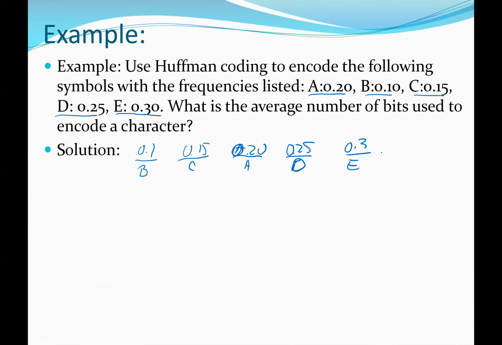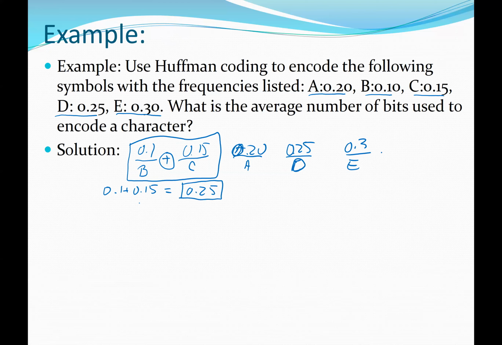All right, so now we're going to go from left to right, right? So now we're going to focus on these two first. You're going to add them. All right, so 10 plus 15 gives us 25. So that would be the new weight.